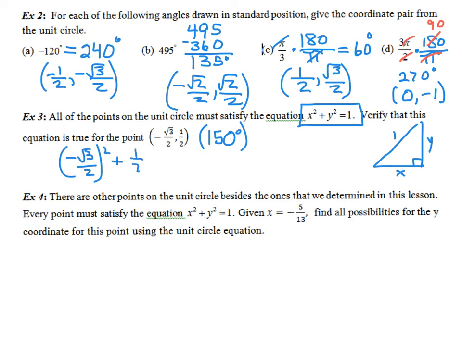I'm going to put 1/2 in for y and square it and show that this is going to equal 1. Now when I square negative radical 3, that's giving me positive radical 9. Radical 9 is just equal to 3. 2 squared is 4, plus 1/2 squared is 1/4, and of course that sum does equal 1. So we have shown that this equation is true for one of the points on our unit circle.